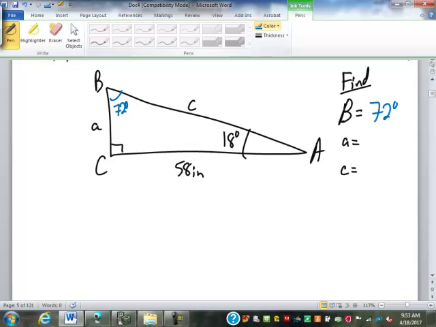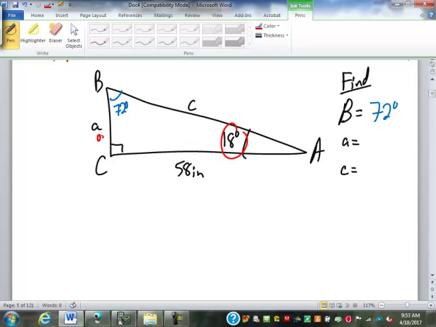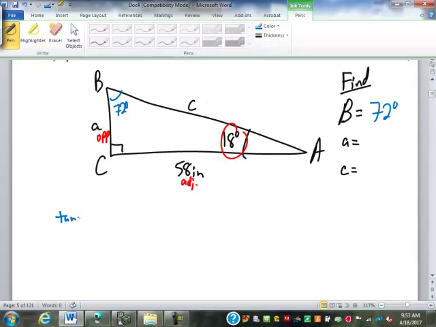Side A is going to be found because if we're committing to the 18-degree angle, A would be the opposite side. And we are given here the adjacent side. Opposite over adjacent is tangent of an angle. So we fill in tangent of 18 degrees equals A over 58.